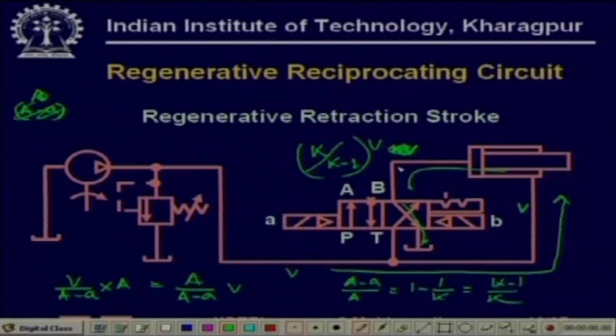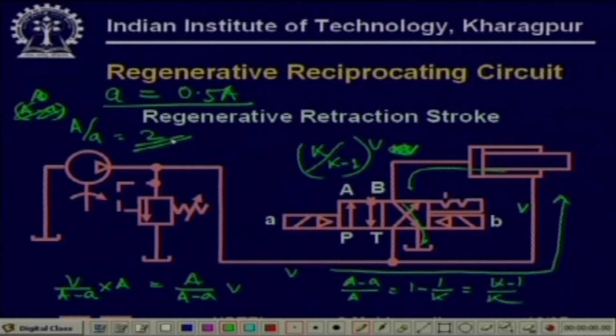Similarly, if you look at the pressure, then you will find that one interesting thing that happens is that suppose A is equal to 0.5 of A, or rather A by A is equal to 2.